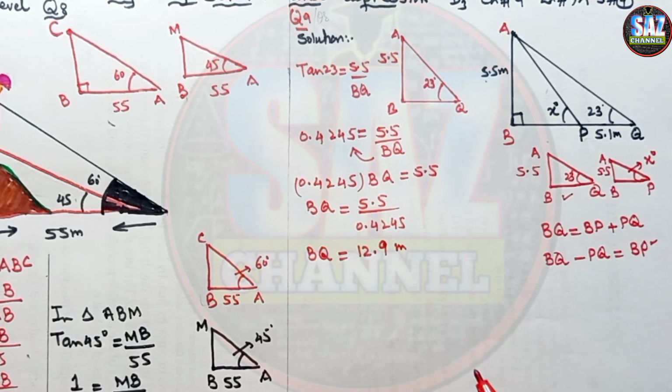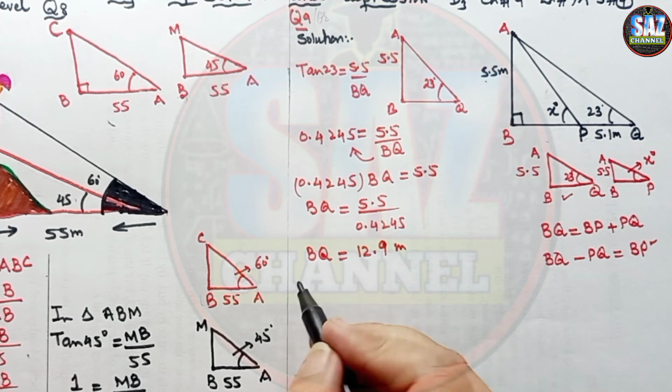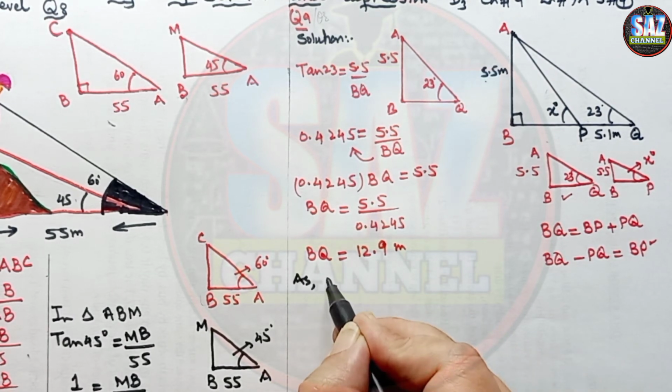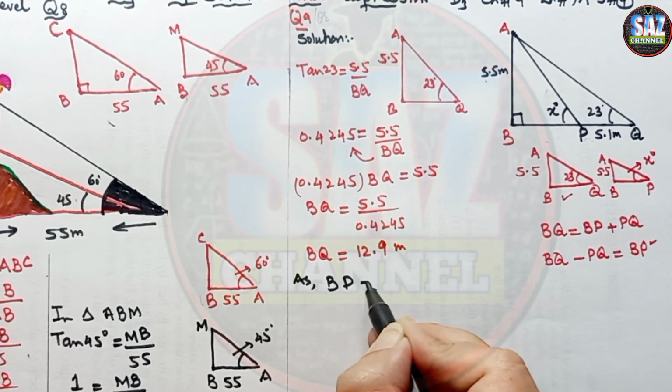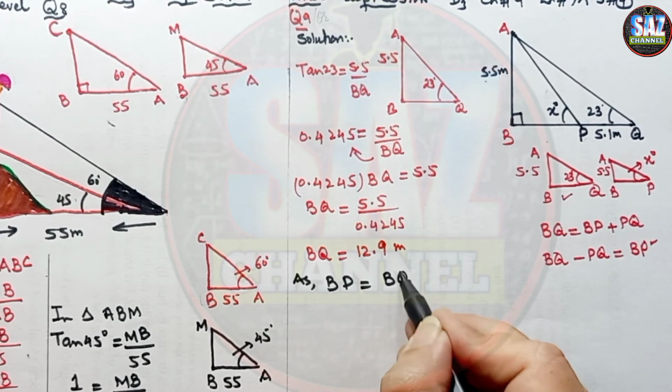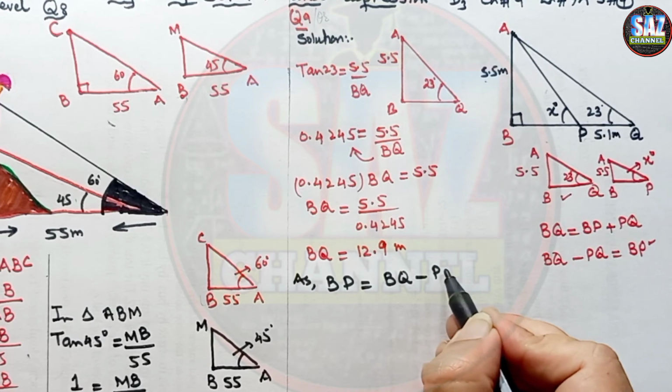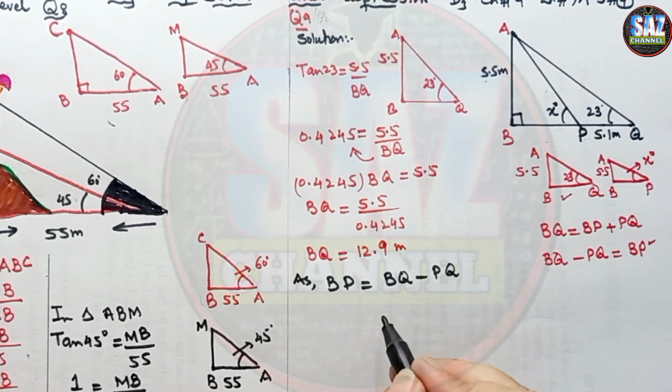Okay, and now I have to use this value in order to get value of BP, as BP equals BQ minus PQ, which is already given in the question.